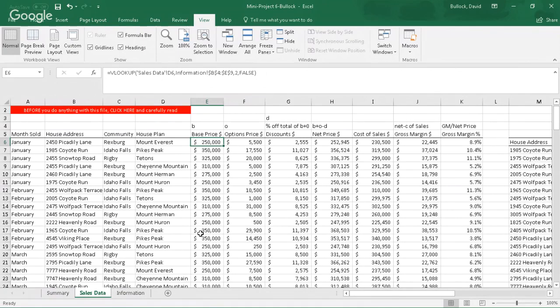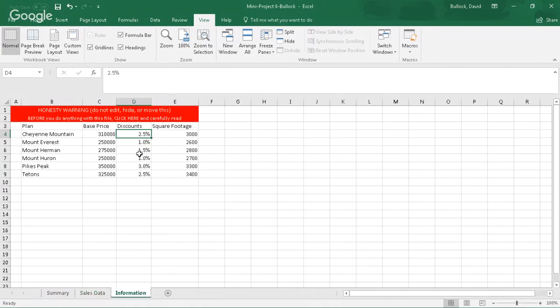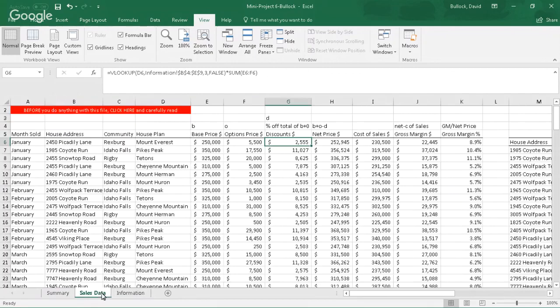Perfect. Looks good. So then on discount, I did the same thing. I referred to the house plan on the VLOOKUP. And then I referred to the array again, but I was looking at column 3, which is the percentage of discount. Then I did a sum of these two, E6 and F6.